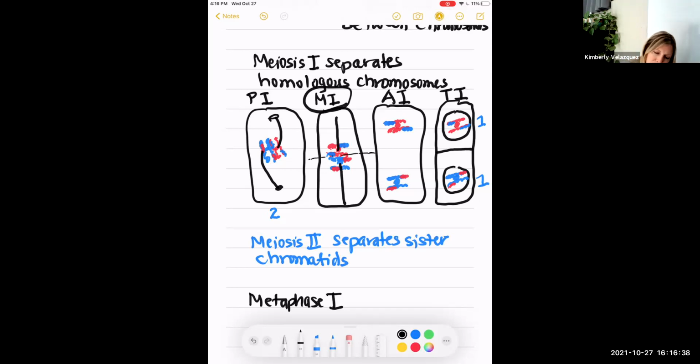Okay, so remember this blue one was originally from dad, and this one was originally from mom. And now they're a mixed up hodgepodge, but the way those 4 chromatids looks is completely different. And the way that pair flip-flops on the metaphase plate, how it ends up is totally random. Could be this way too. And that's called independent assortment.